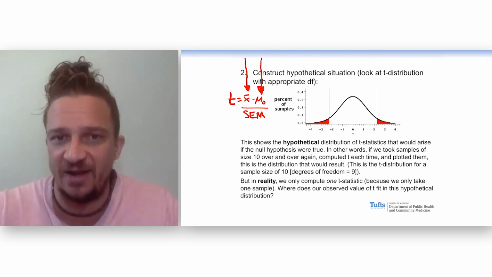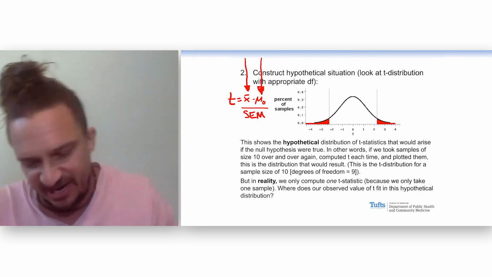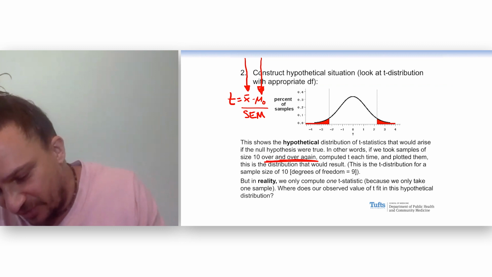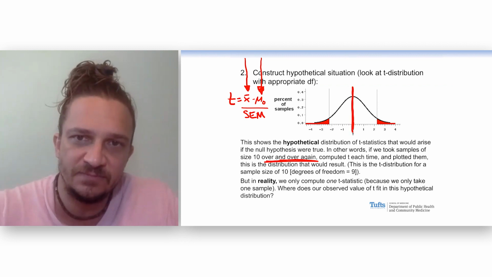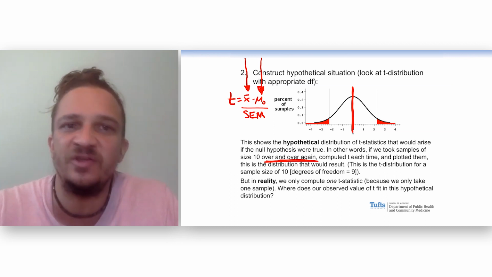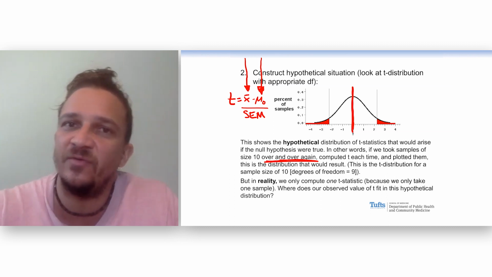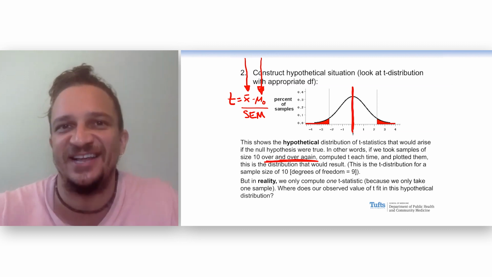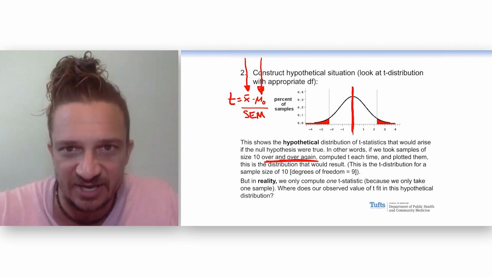And if you did this again and again and again, you would get a distribution of T statistics that's centered around 0. Sometimes it would be a little bit higher, and sometimes a little bit lower. How much would it bounce around due to chance? That's the SEM. That's what the number summarizes.